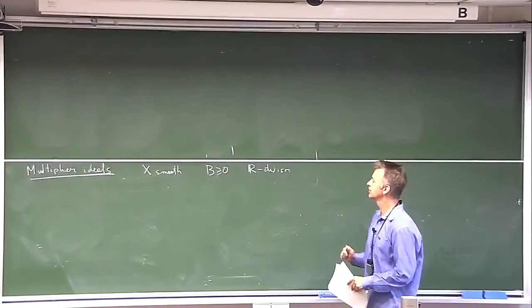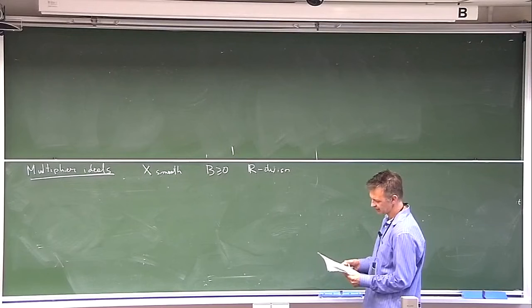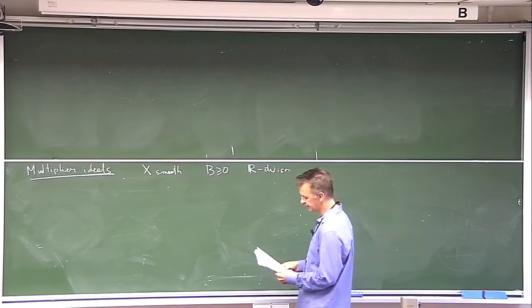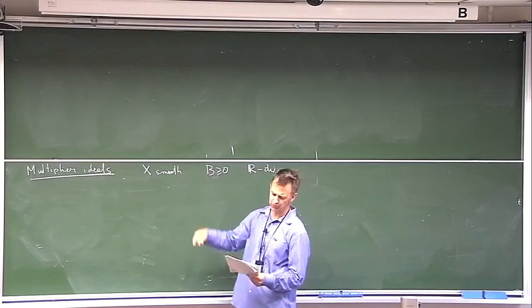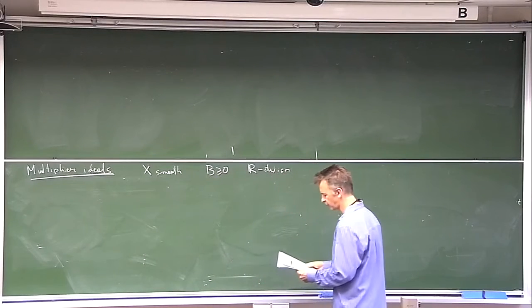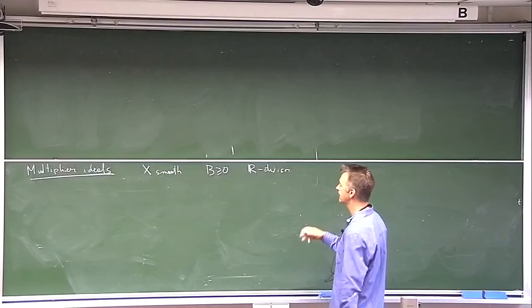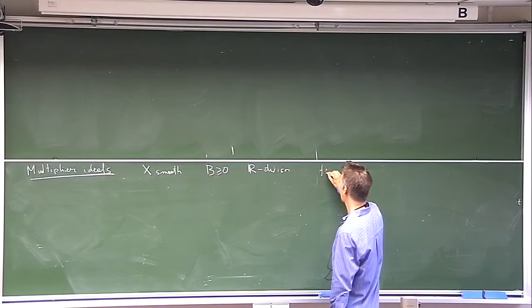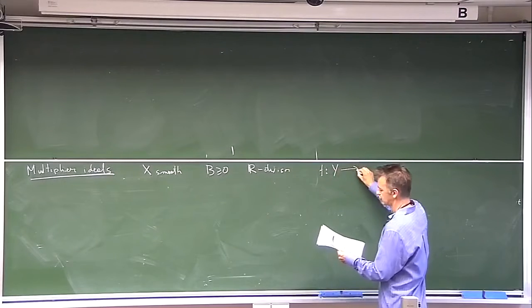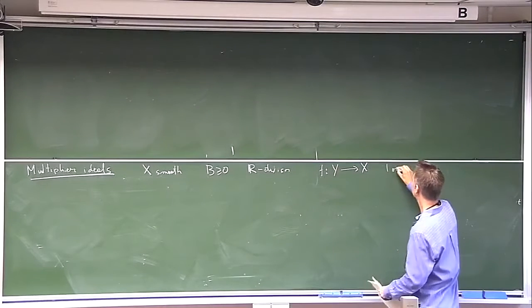Okay, so now I've sort of shifted slightly gears. I'm talking about multiplier ideal sheaves. We have a pair (X, B), but I'm assuming that X is smooth for simplicity. You can do it more in general, of course. And the multiplier ideal sheaf is also defined in terms of a log resolution. So f from Y to X is going to be some log resolution.